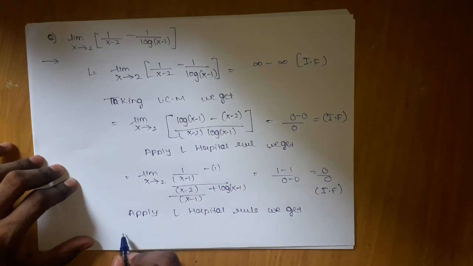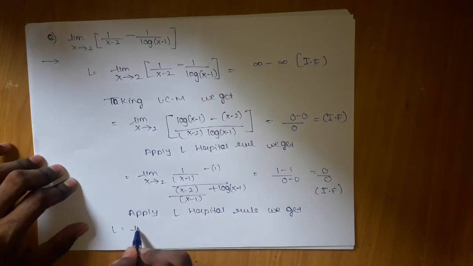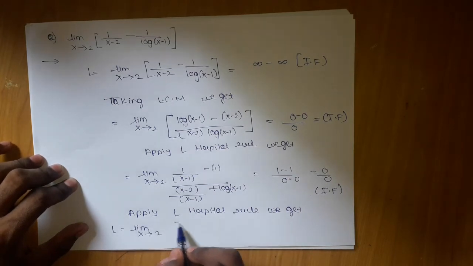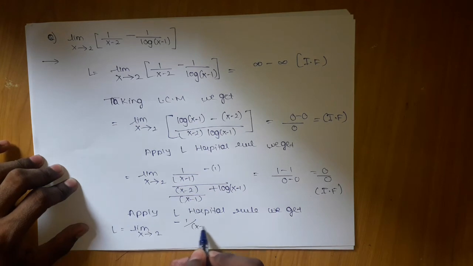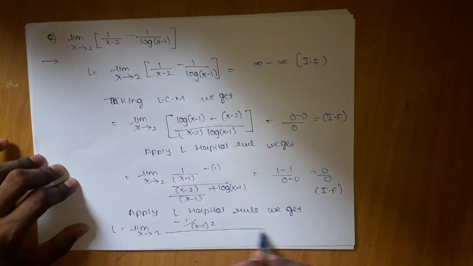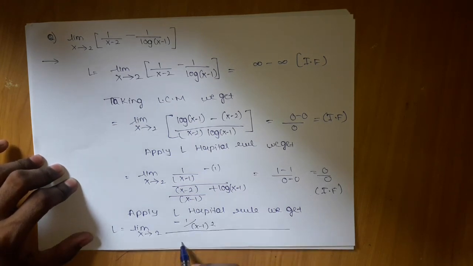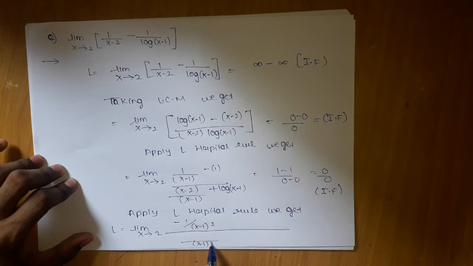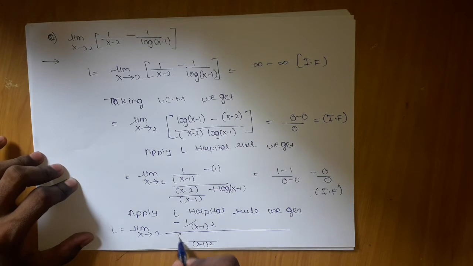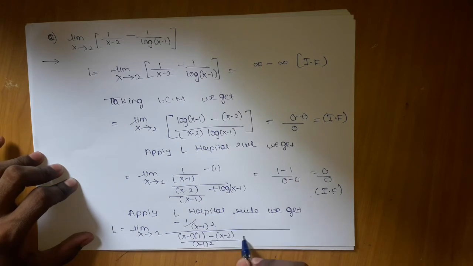What do we get? Minus 1 upon x minus 1 the whole square, divided by the product rule, which I should not have solved, but since I have solved it, let me write the value: this will be 1 minus x minus 2, and here this will be 1 upon x minus 1.